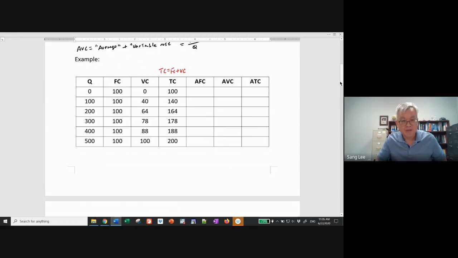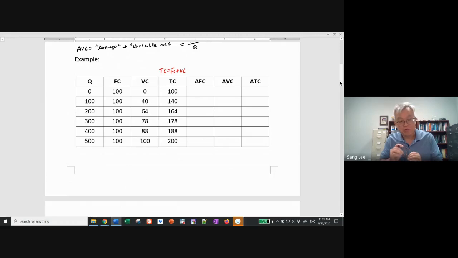Look here, total cost when you produce nothing. What did we learn last time? Variable costs are expenses that increase when you produce more output. So when you produce no output, variable cost is always zero. And the fixed cost never changes.